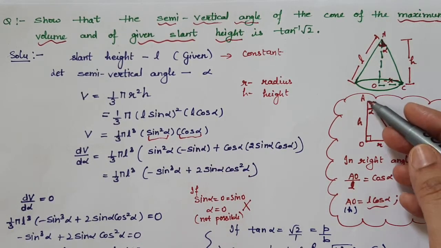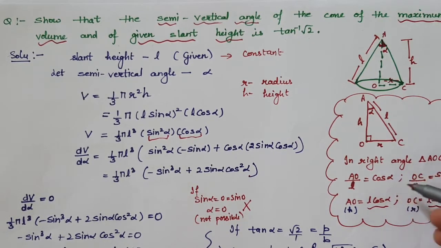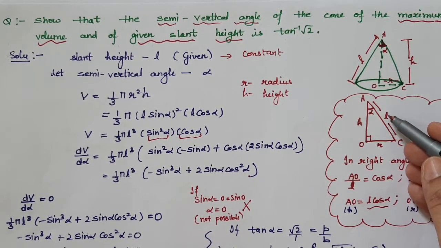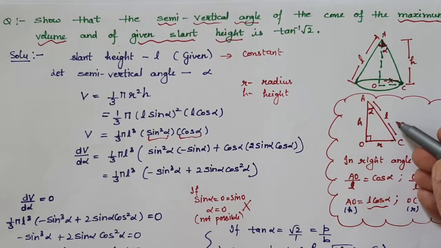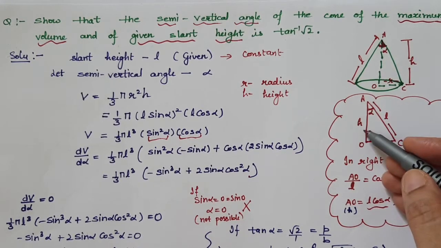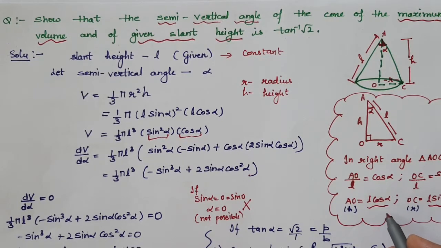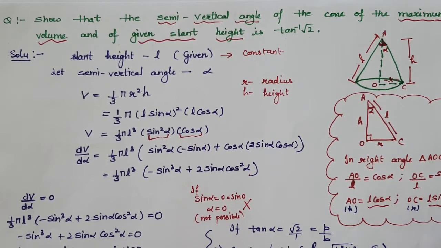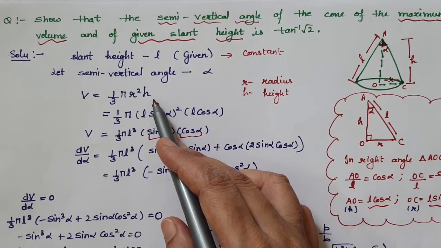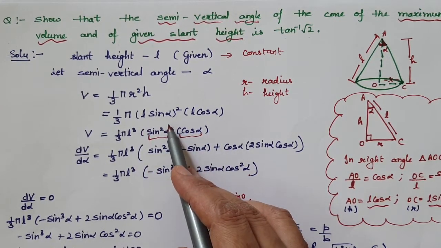I'll get AO divided by L, that is B by H, is equal to cos alpha, and the same way OC by L, which means perpendicular by hypotenuse, is equal to sin alpha. So AO is nothing but your h. That means the value of h is coming out to be L cos alpha, and similarly the value of r is coming out to be L sin alpha. Now replace h and r here in the equation. So everything now is in terms of L or alpha.